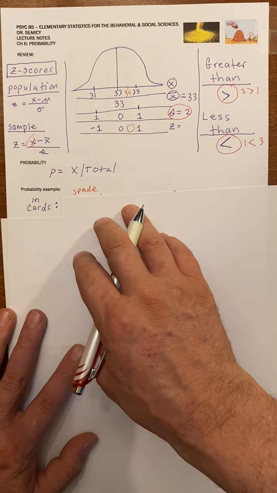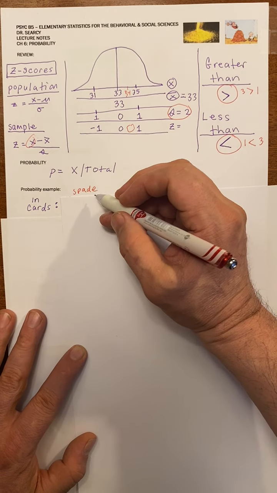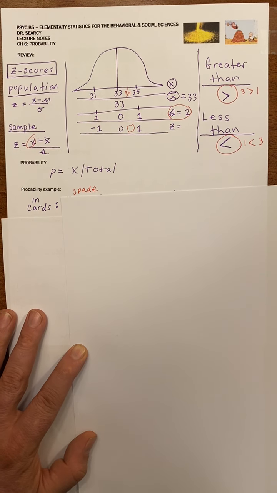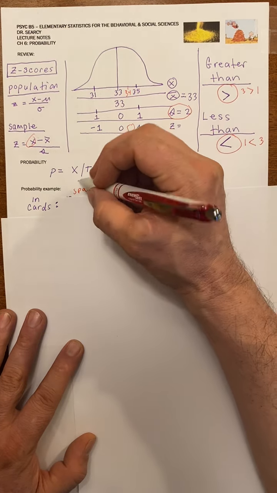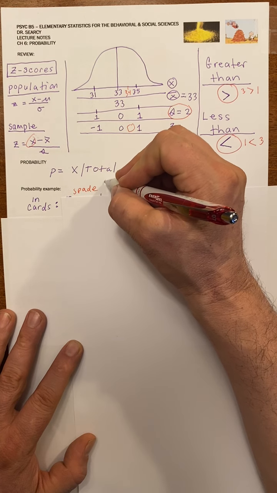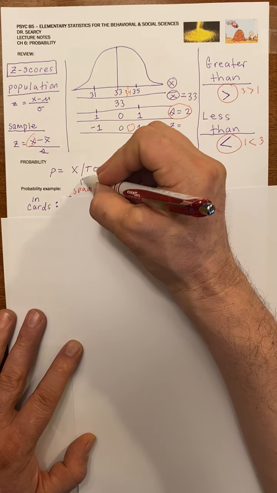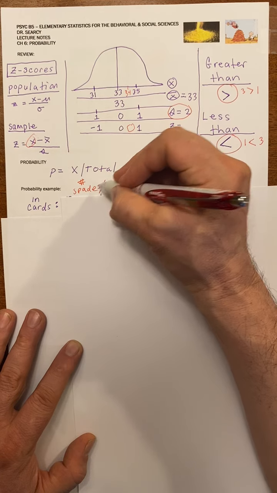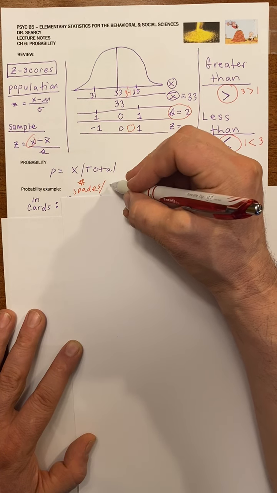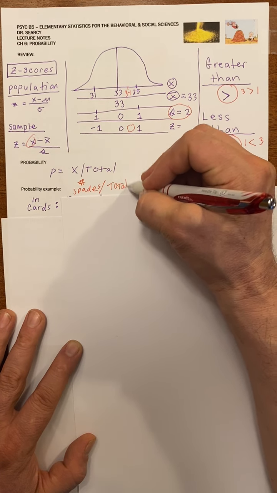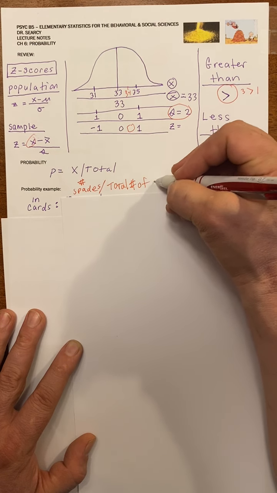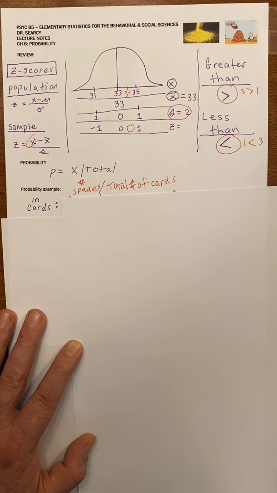Basically, one thing that we would need is the number of spades that are in the deck. And then the other thing that we would need to know is how many cards there are total in the deck. So let's just say the division problem would be something like taking the number of spades and dividing that by the total number of cards in the deck.